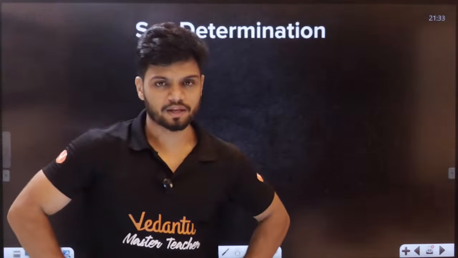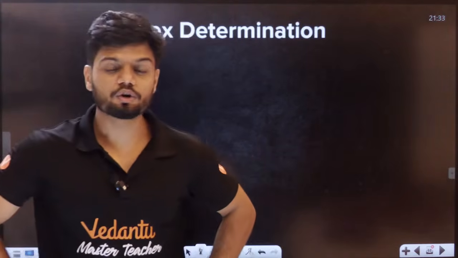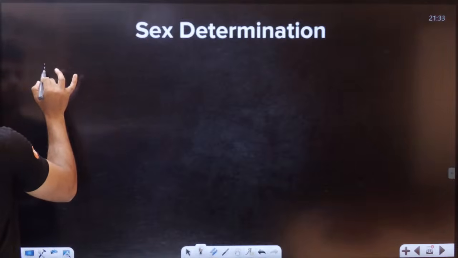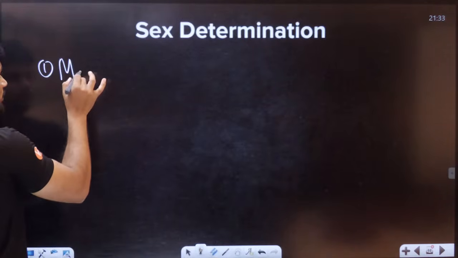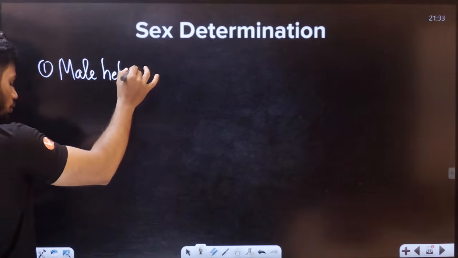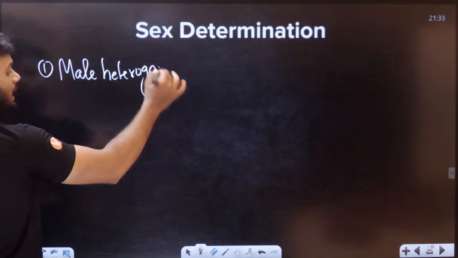Students, with that, we come to sex determination. Now here I'll be teaching you male heterogamety as well as female heterogamety. Okay, students, what is male heterogamety? Very simple. First understand the words. It says male. What is the meaning of hetero?